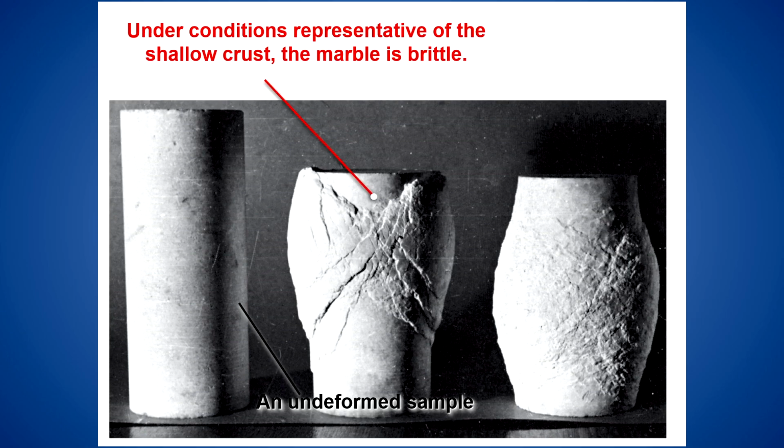This is an example shown of a cylindrical block of marble under conditions representative of shallow crust. We are not going deeper, because deeper you will have higher temperature and pressure. In the shallower part, you will go through brittle deformation.